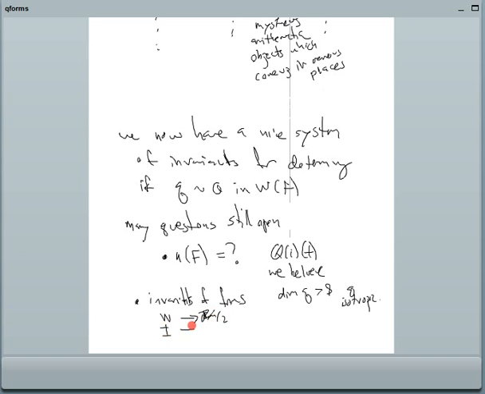Then you go from I to this, and you go from I squared to that, etc. But what about invariants that start from W and go to places? What if you don't look at these things defined on I and I squared, but you just look at invariants defined on W? Which of these are actually defined on W? You can completely classify these. It turns out that's a classical thing.